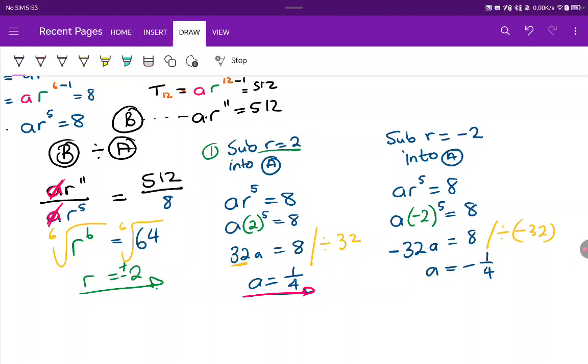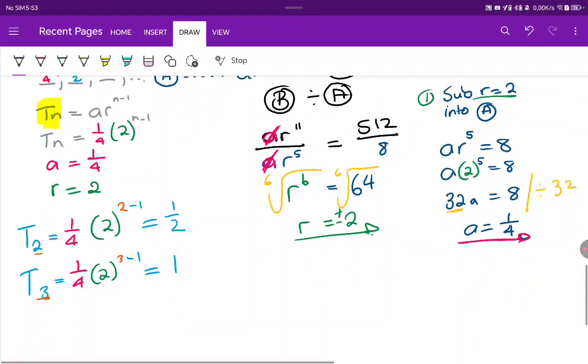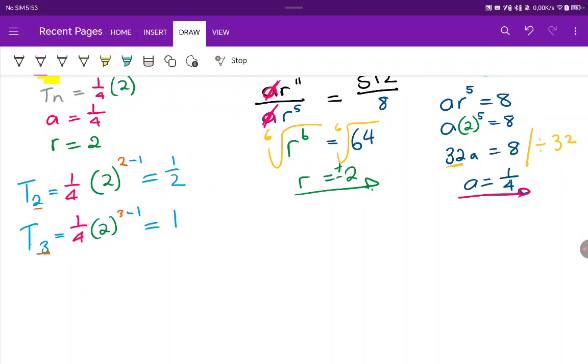If it's negative a quarter, then over here, we have negative a quarter times 2 to the power of n minus 1. These answers here are if r is 2. But then we have another scenario where a is a quarter and r equals negative 2.